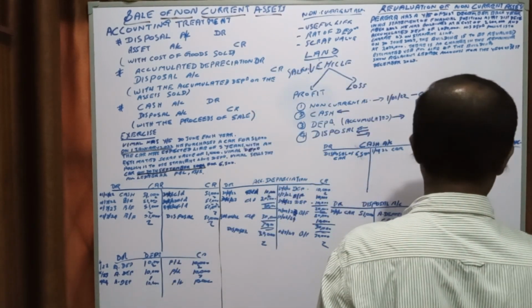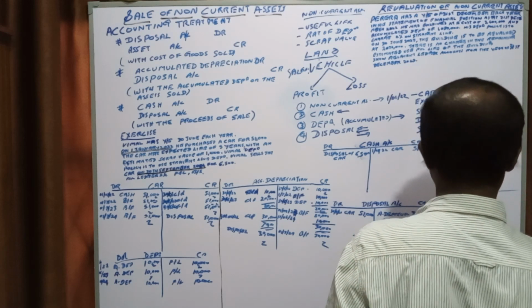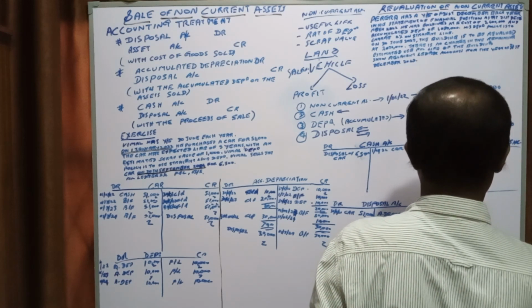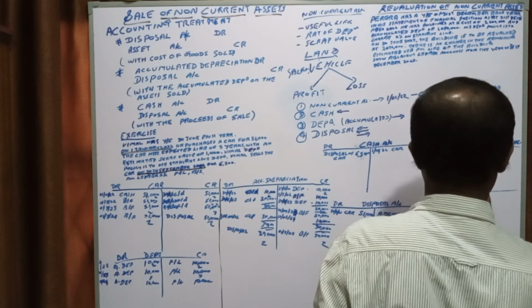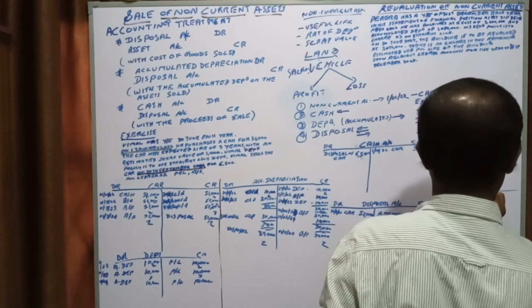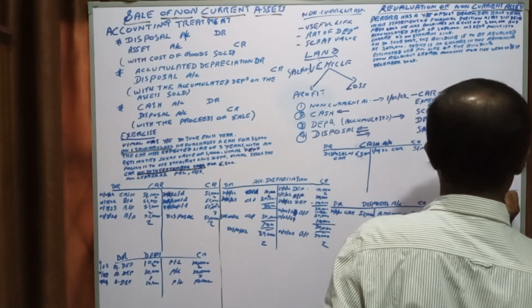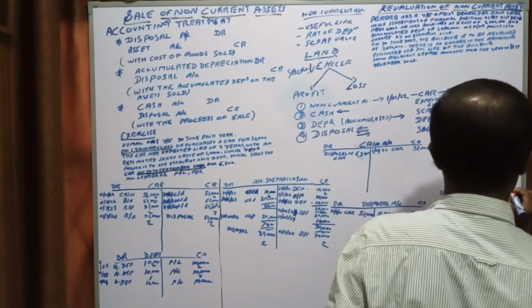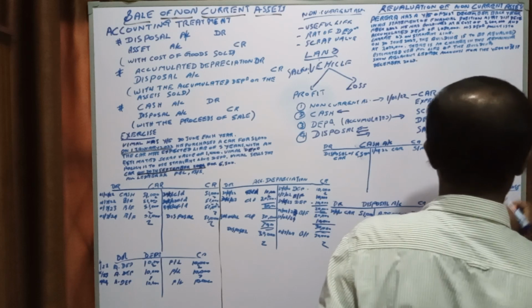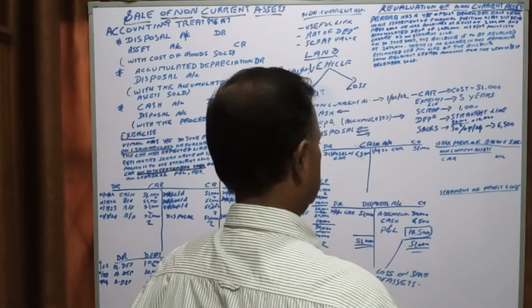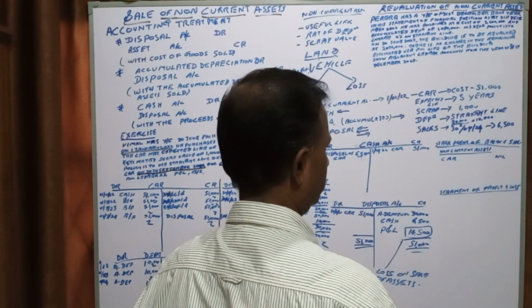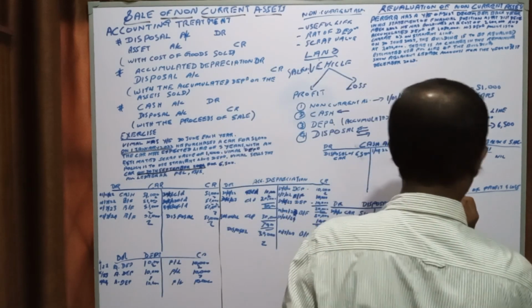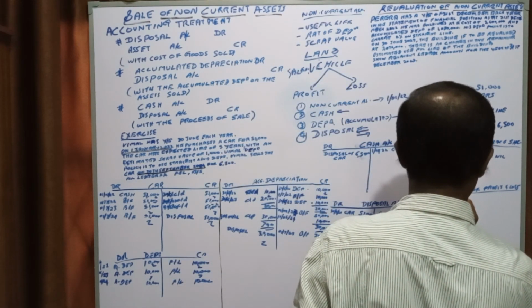In the statement of profit and loss account, revenue income will be there.